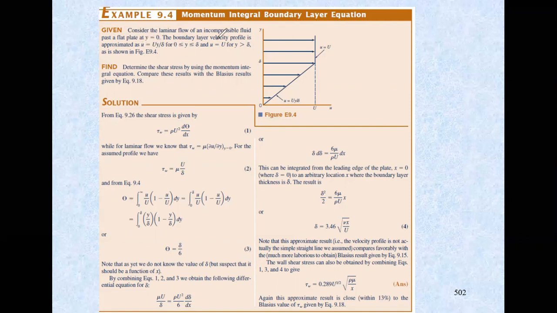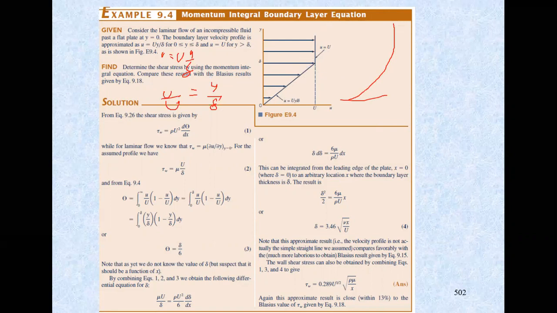In our case, it is a linear one because here you have u equal to u times y over delta, or u over capital U is equal to y over delta. So this is a linear velocity profile. It means the velocity is increasing linearly as y increases into the boundary layer thickness. So this will be your velocity profile compared to, for example, another one that is parabolic or any other velocity profile.